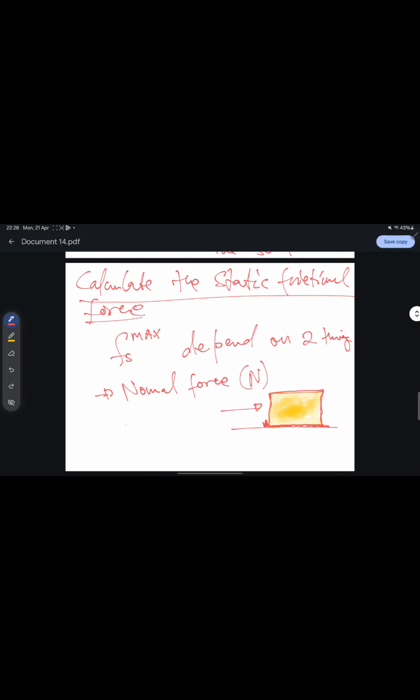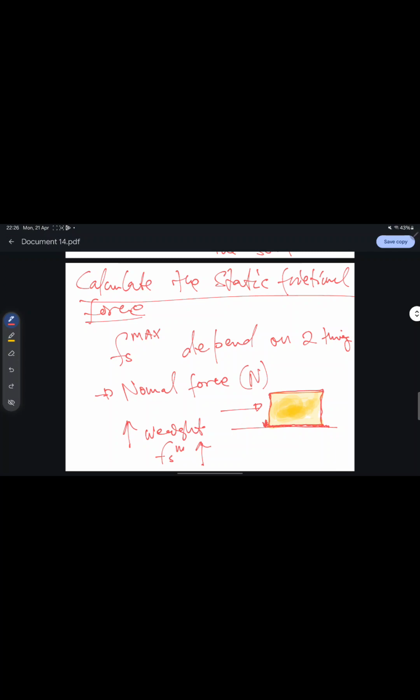Which means if there is a higher weight of an object, the Fs max is also high. The maximum is directly proportional to the weight of an object. Why so?